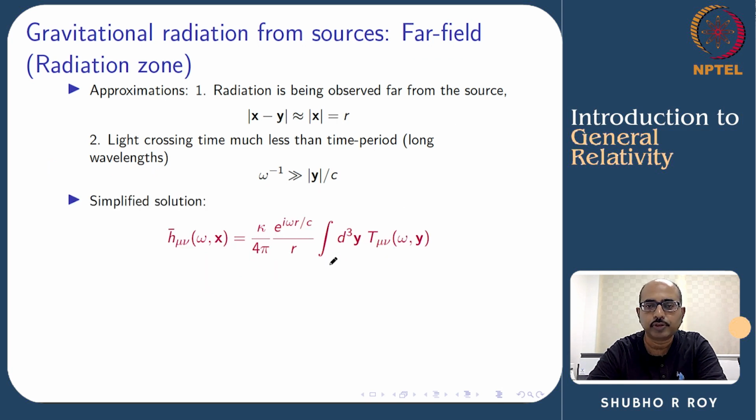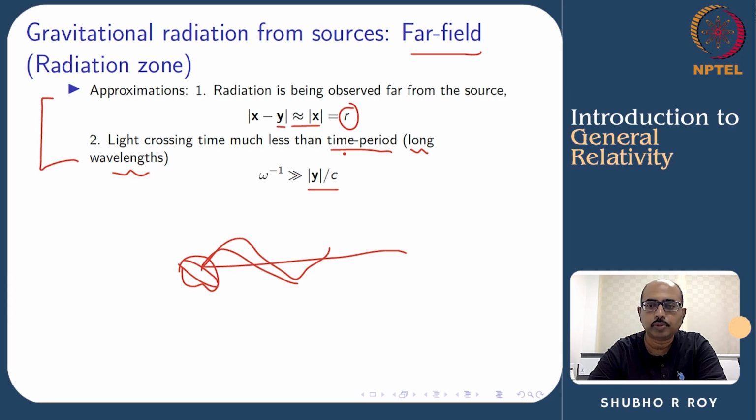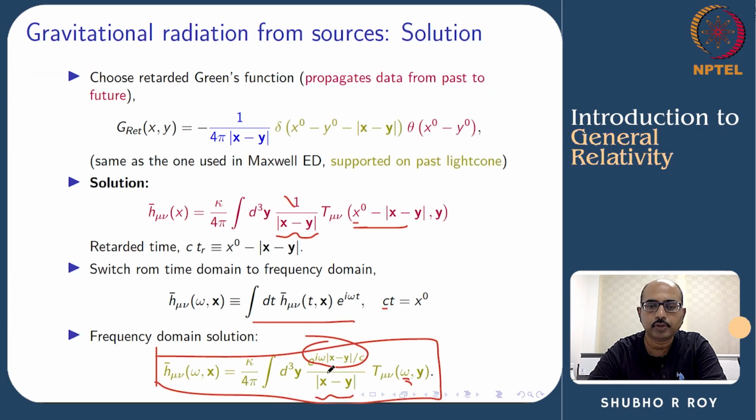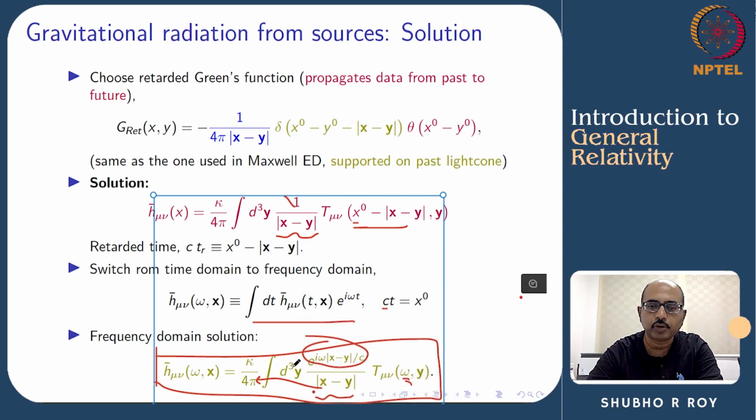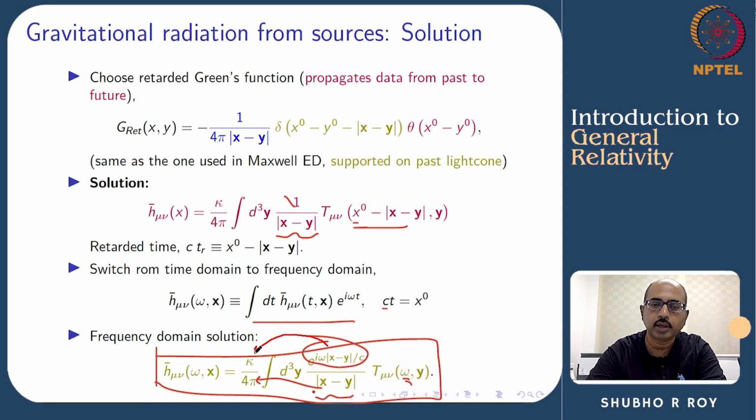All right. So then the solution simplifies because, as a result of these two approximations, I can pull these two factors out of the integral. Because |x - y| does not depend much on y, since it is far from the observation point, I can pull out the denominator. And because the geometric dimensions of the source are smaller than the wavelength, this phase is almost the same all over the source, so when we perform the integral over the source, this phase can also be taken out of the integral.